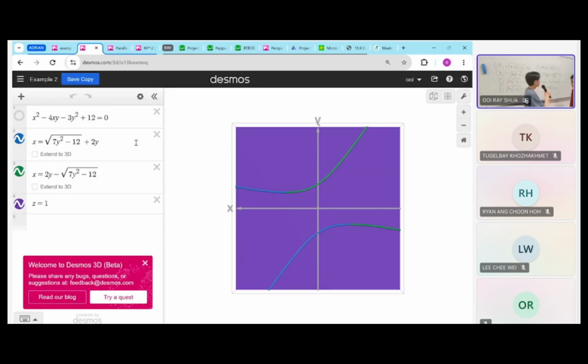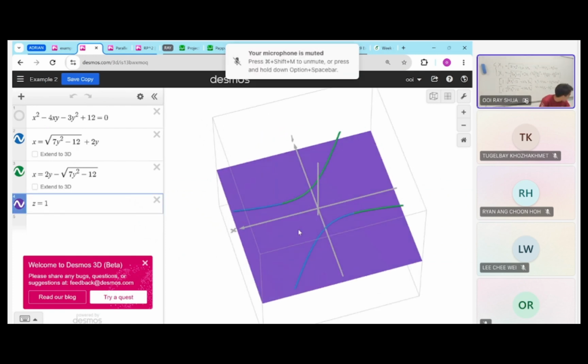Yeah, this is just how it looks like. So when you take z equals to 1. So please don't turn the thing. Okay. Right.